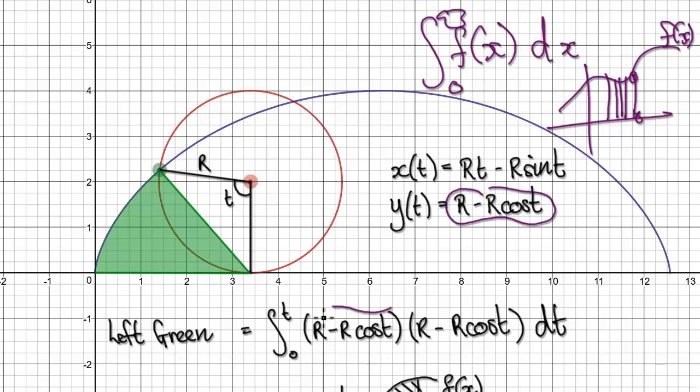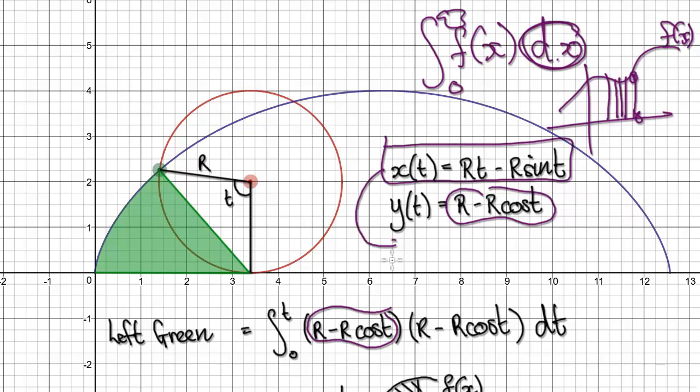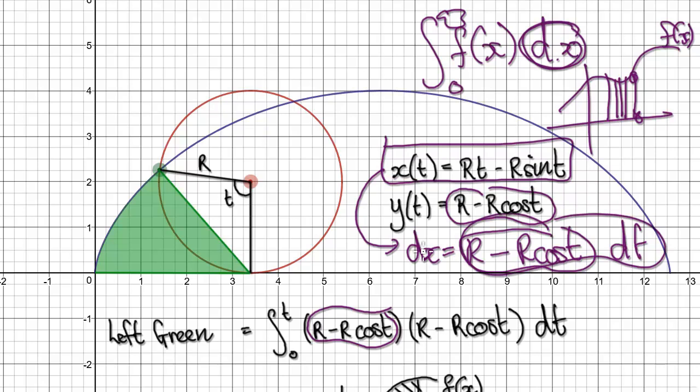But then you need this dx. To obtain this dx, you need to differentiate this. So dx equals r minus r cos t, dt. We can then put this whole thing into the integral, and that will give us this thing here.